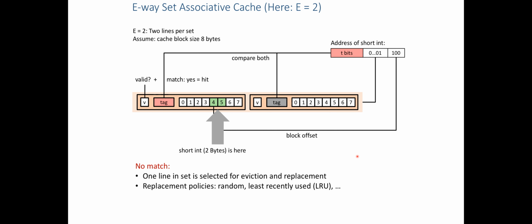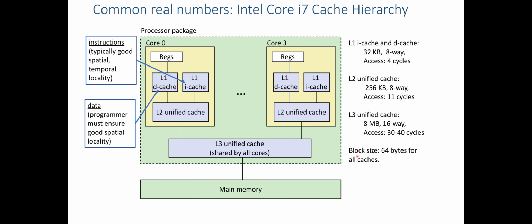So that's how the system often decides, by picking the one with the least accesses recently. Okay, now let's also remember our common Core i7 architecture. The machine that you're working with for class, our server, is very similar to this. It has an instruction cache and a data cache at level 1. Instructions typically have good spatial and temporal locality.